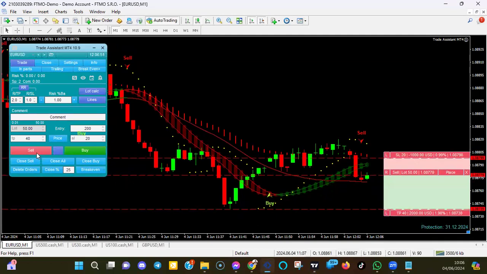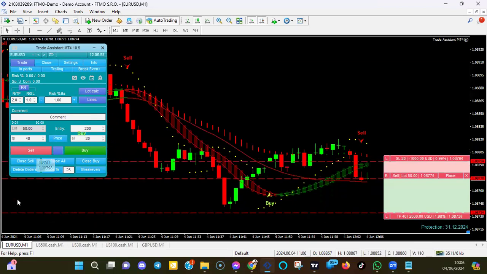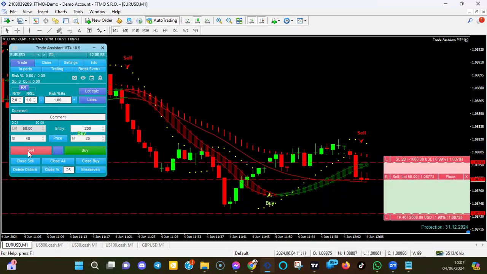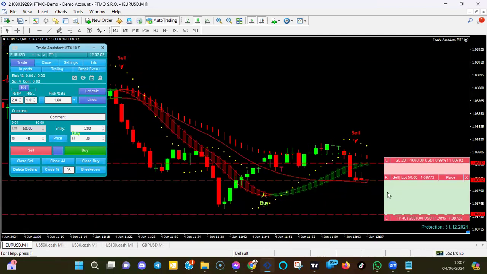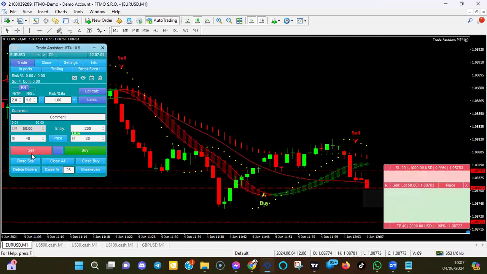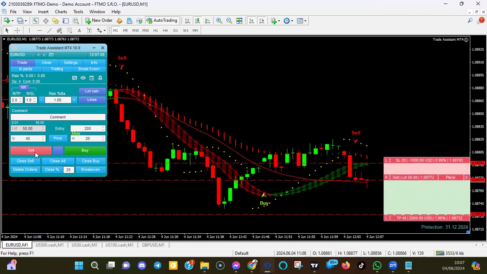But I'm here waiting regardless. So I'm going to wait for price, if it does, to break that trend line. A candle open below the trend line would be ideal.